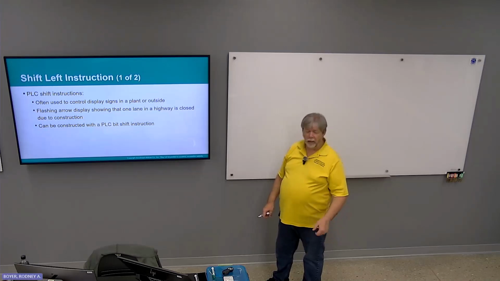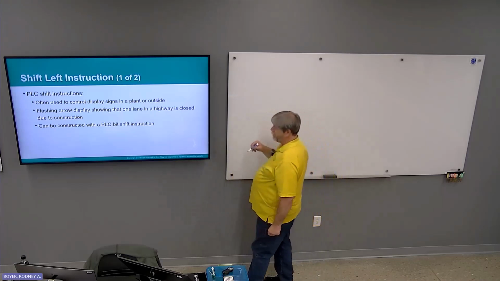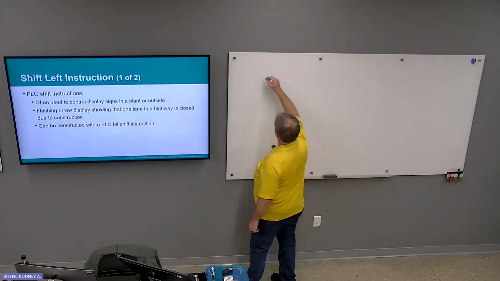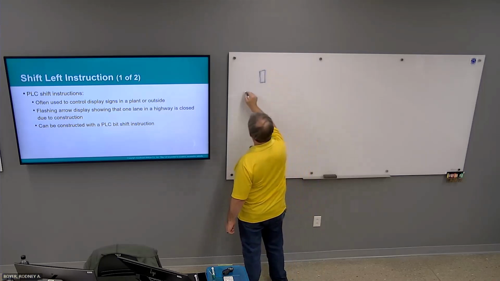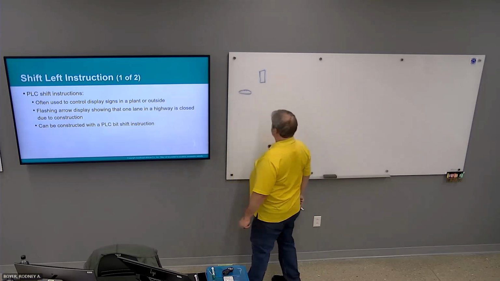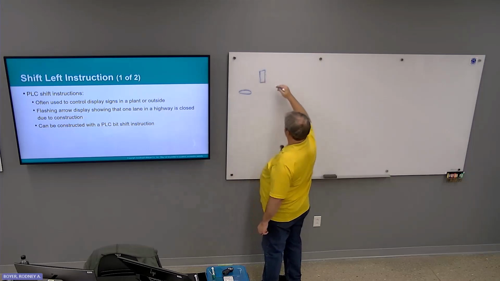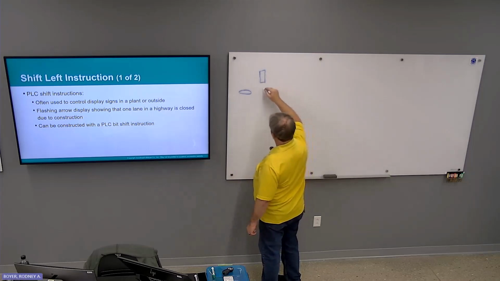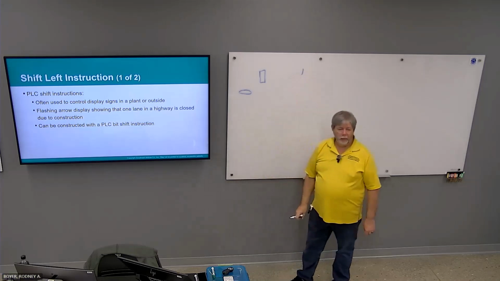Bars of soap. Okay, so I have a sensor at the start of my conveyor, and as my bar of soap comes down, it triggers this and gives me an input. That's going to write a 1 into my data table.